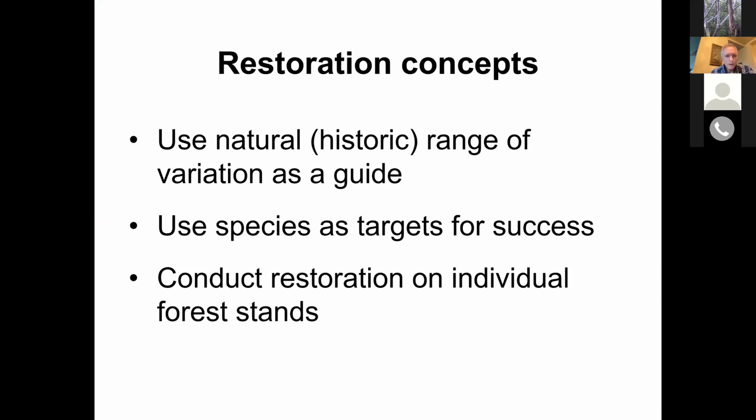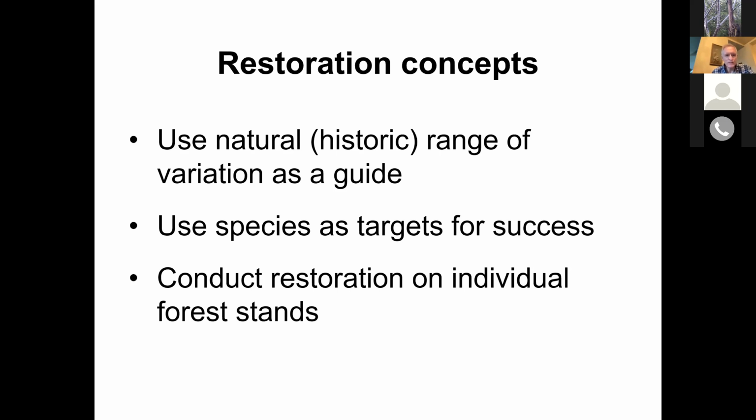Okay, well, I'm sure a lot of you have heard this term restoration before. It's been around for maybe 30-some years, and it was developed to help guide the management perspective of trying to essentially get back what we had prior to significant impacts of humans across large landscapes.